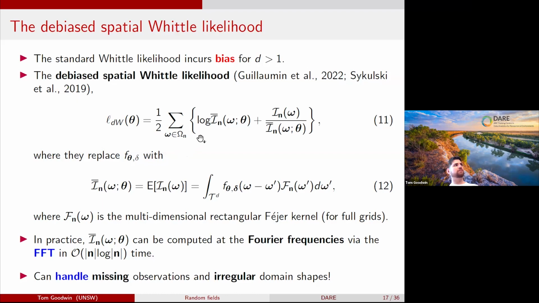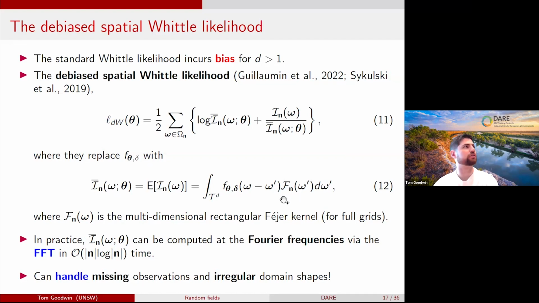What they've done is replace an asymptotic quantity, the spectral density, with the actual expected periodogram. And this is just a convolution of the spectral density and what we call a Fejér kernel, some triangular kernel in the time domain.